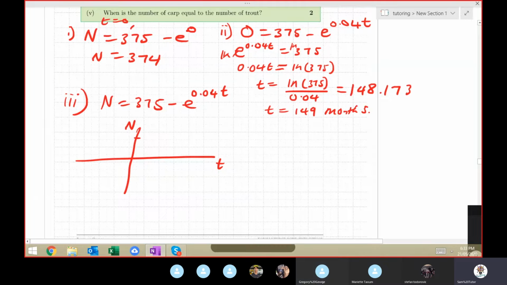But anyways, the way I would be looking at it is a normal exponential is this way. A negative exponential is this way, and that would be a -1, right? But then you're going to shift the whole thing up 375.